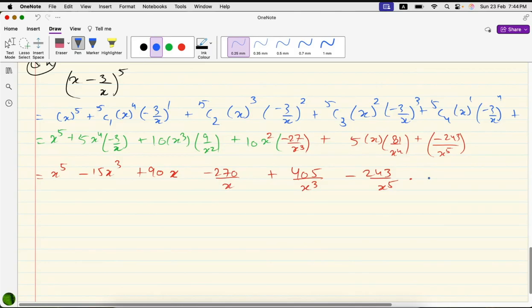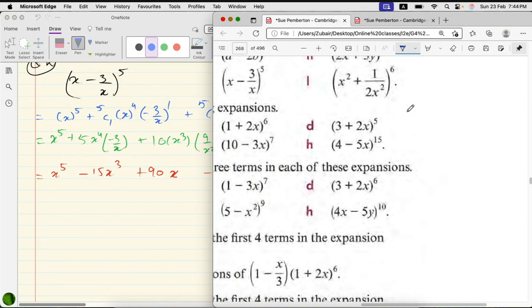Are we going to do the L part? Yes. Try this.